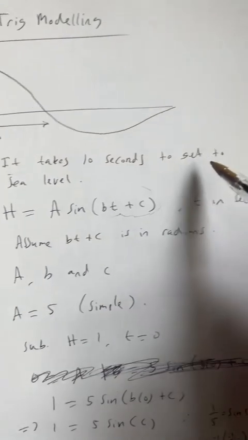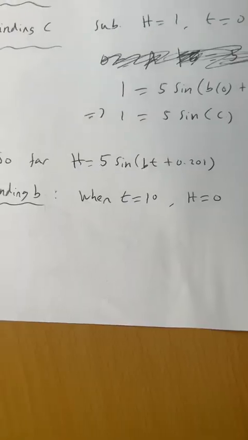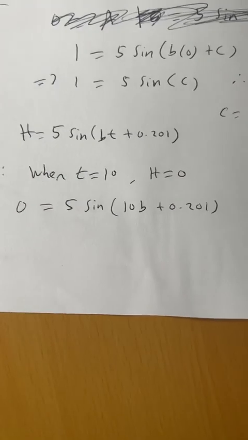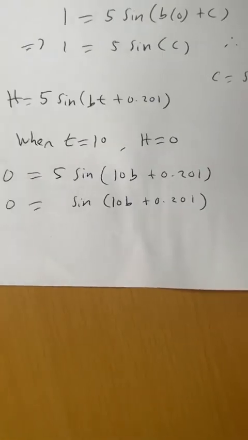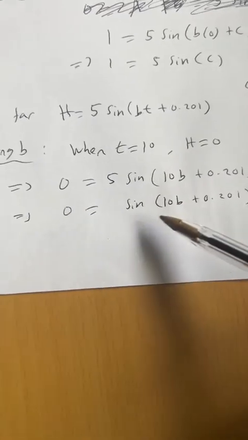Now we use this bullet point. It takes 10 seconds to get to sea level, so going from here to here takes 10 seconds. In other words, when t is 10, h is 0. We plug those values into our model and divide by 5 on both sides. You may be thinking, great, we can just do sine inverse on both sides, which is fine.